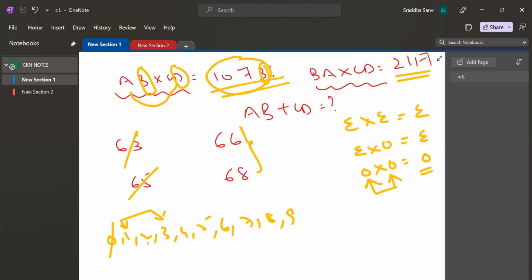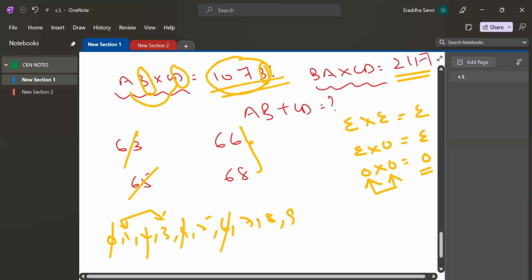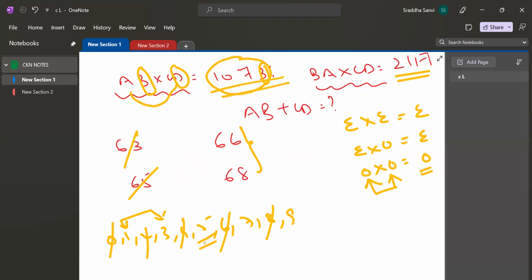If a number is ending with 2, the whole product is ending with an even number, 2, 4, 6, 8. If 5 is an odd number, 5 ones are 5, ends with 5, 5 twos are 10, ends with 0. Always 5 properties, with odd it will give you 5, with even it will give you 0. So 5 will not work.